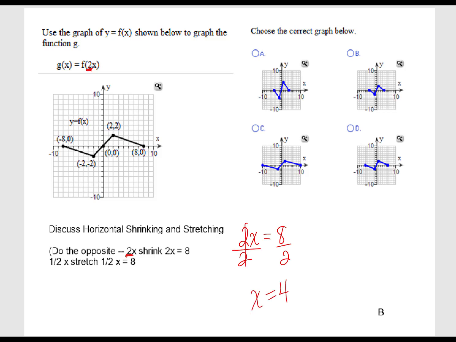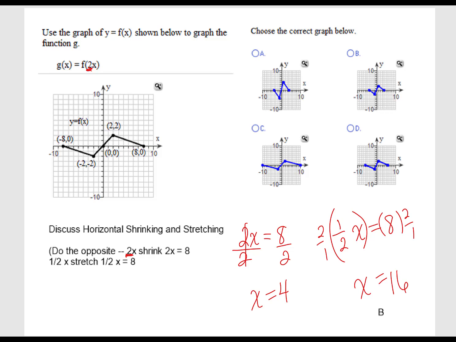So if there is a coefficient that's greater than 1 in front of the x inside of the function, the opposite ends up happening. On the flip side of that, if I had 1/2 x equals 8, look what happens. Now my x becomes greater, right?